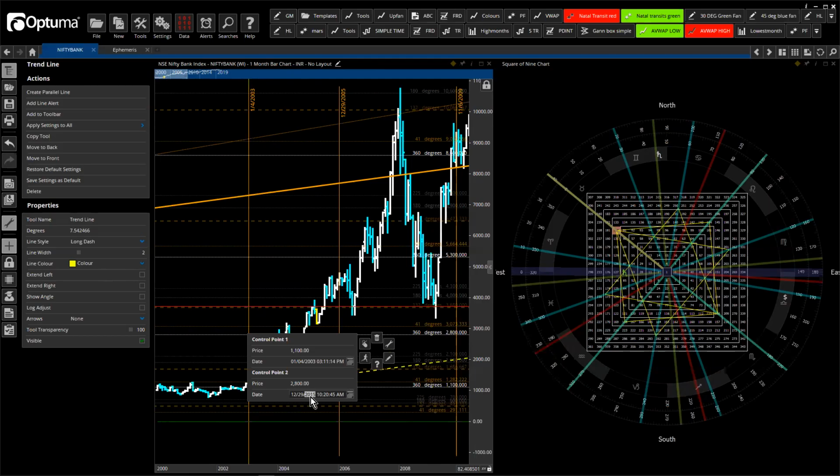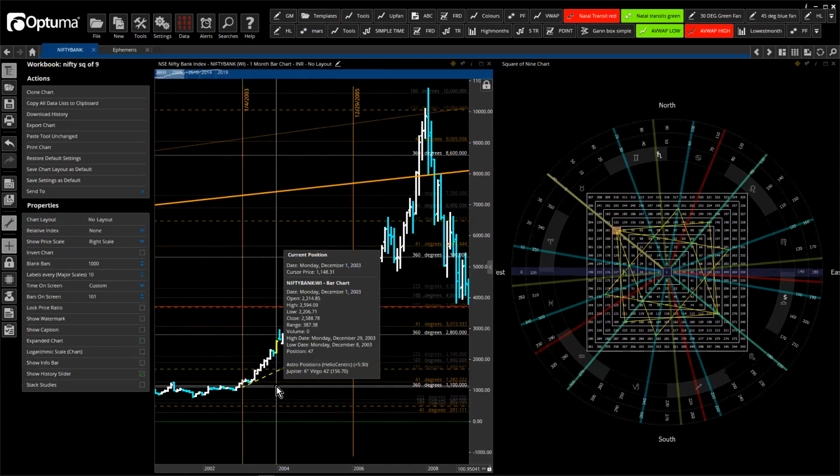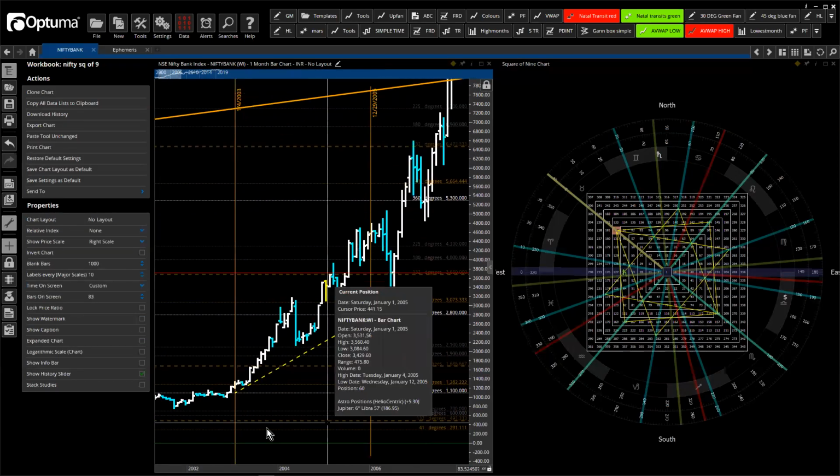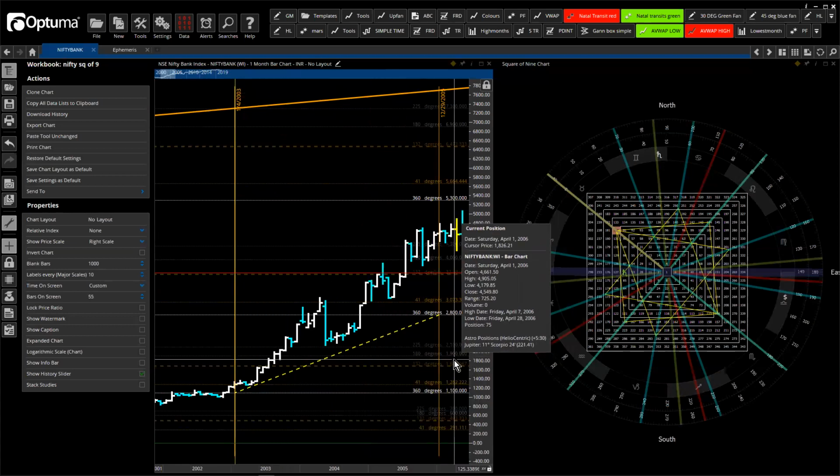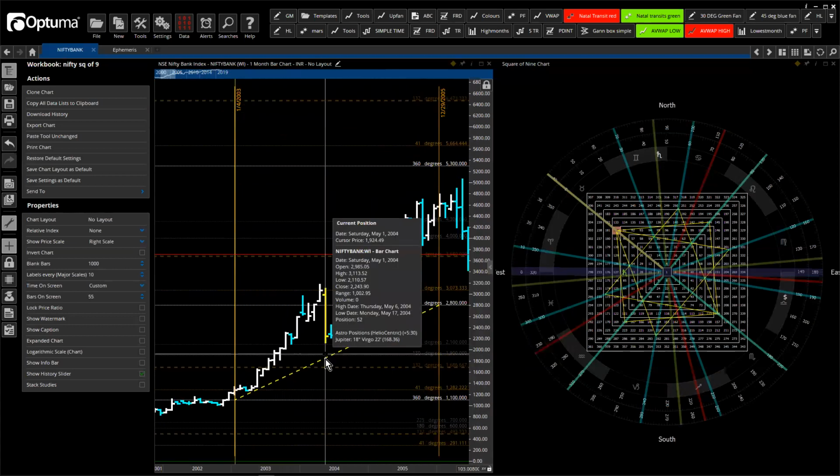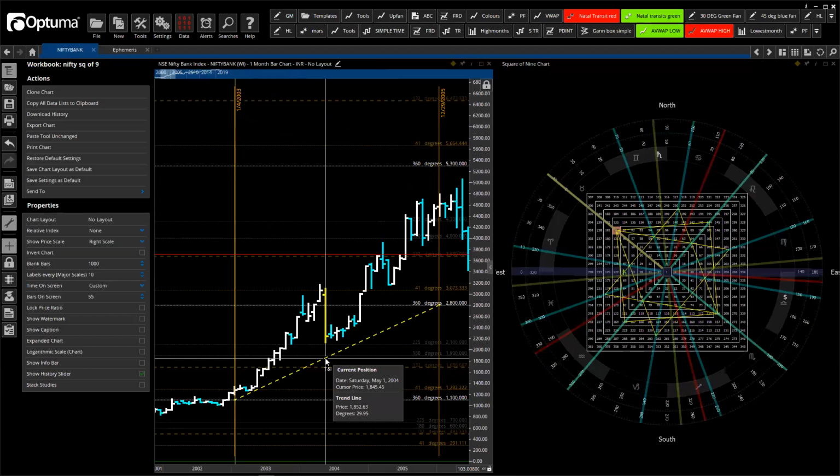Would that work? No. What am I saying? 2005, sorry. There we go. And so you can see the angular connection here. And where did it find its low in relation to the actual position of heliocentric Saturn?